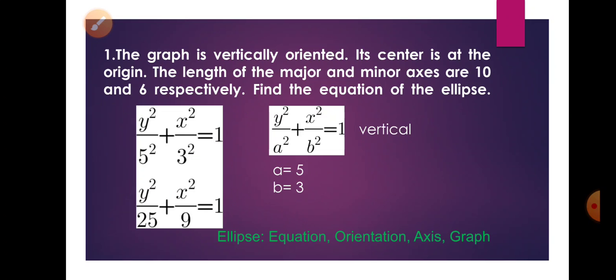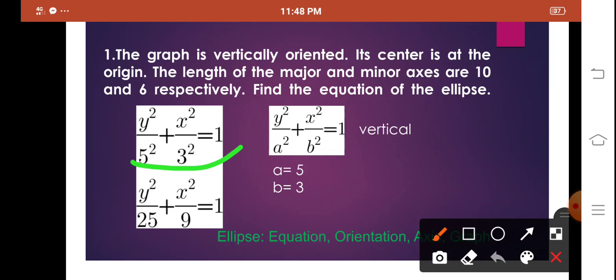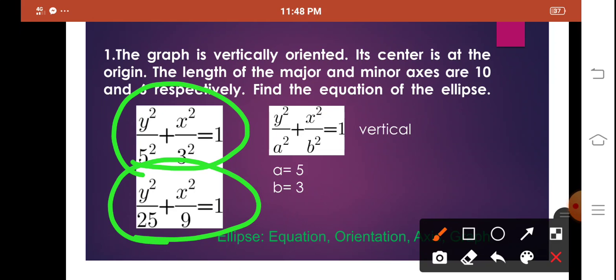We can now solve for the equation. By substitution, we substitute a with 5 and b with 3. So we get y squared over 5 squared plus x squared over 3 squared is equal to 1. So the result is y squared over 25 plus x squared over 9 is equal to 1.